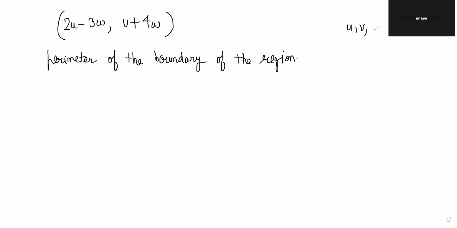U, V, and W are all between 0 and 1. So technically, we need some way of finding out what kind of region this is.